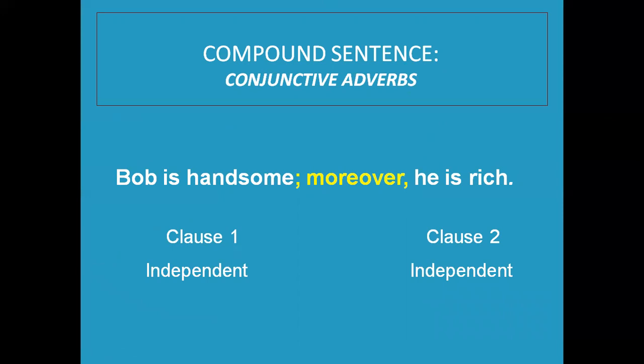Another example using conjunctive adverbs: Bob is handsome, moreover, he is rich. You see, Bob is handsome is also independent. It is not dependent on the second part of the sentence.